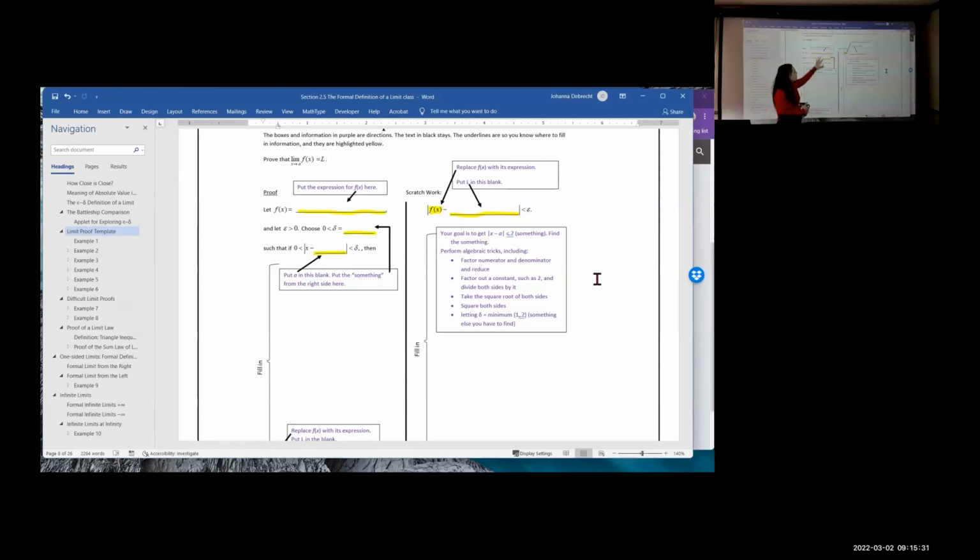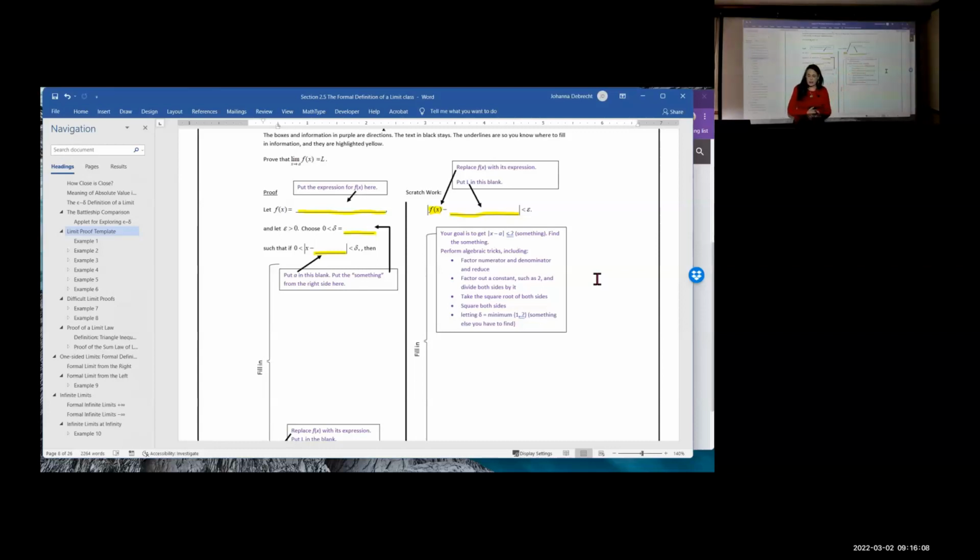All right. Now, the left side is the actual formal proof side, and the right side is the scratch work side, but this is where the real work goes on. So the real work is on the right-hand side. Our goal on the right-hand side is to start with the function minus the limit value and to do something to it algebraically where we end up with the value of x minus a in absolute value less than something.